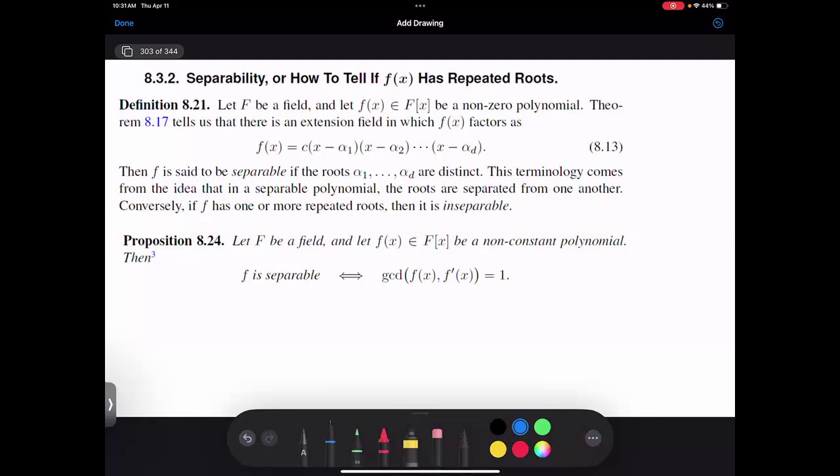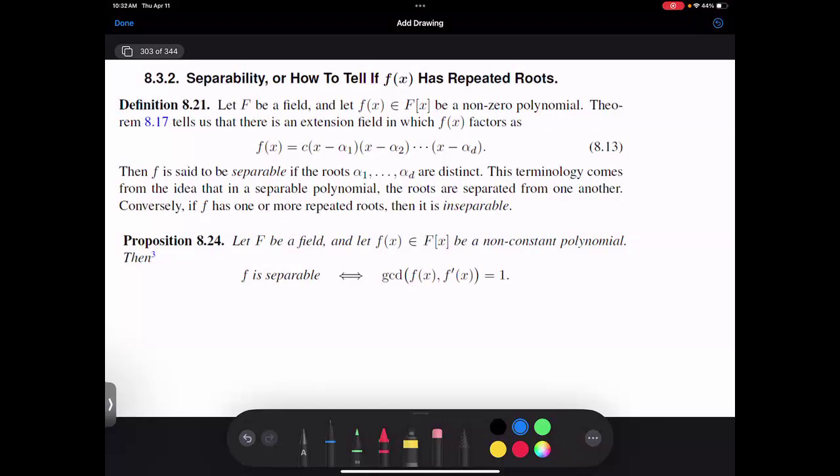Then there's a theorem that says that there is some extension field in which it factors completely, so that we can write it as a product of x minus alpha 1, x minus alpha 2, and so on. The polynomial is said to be separable if the roots are distinct.